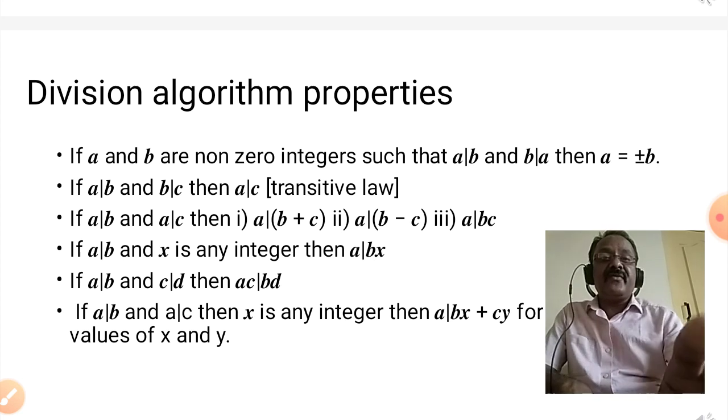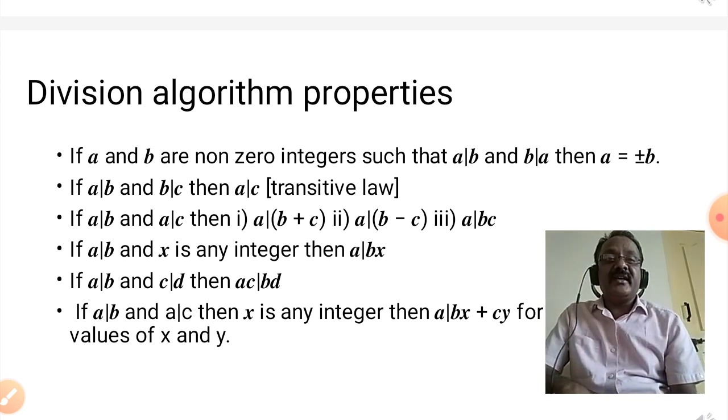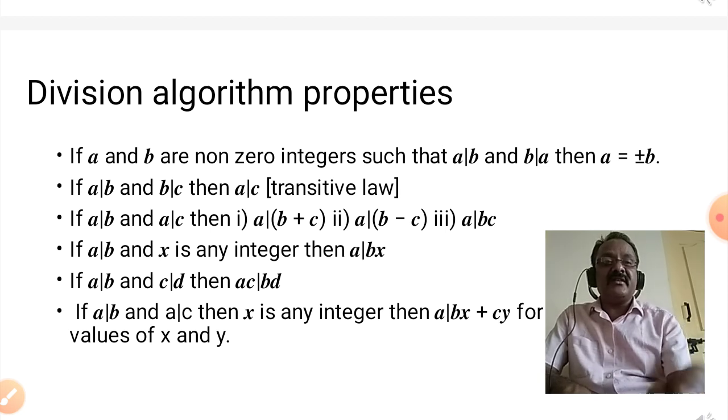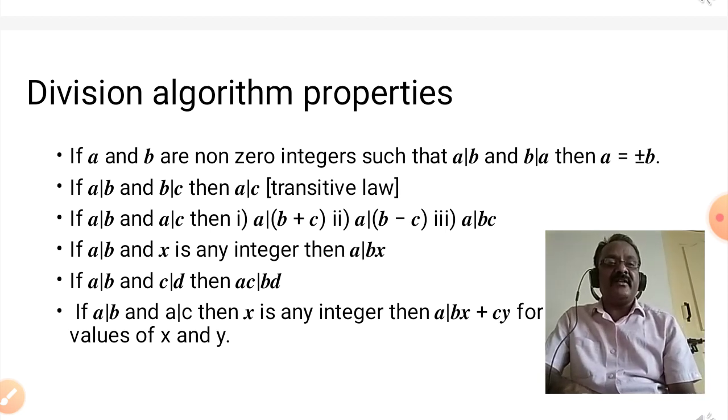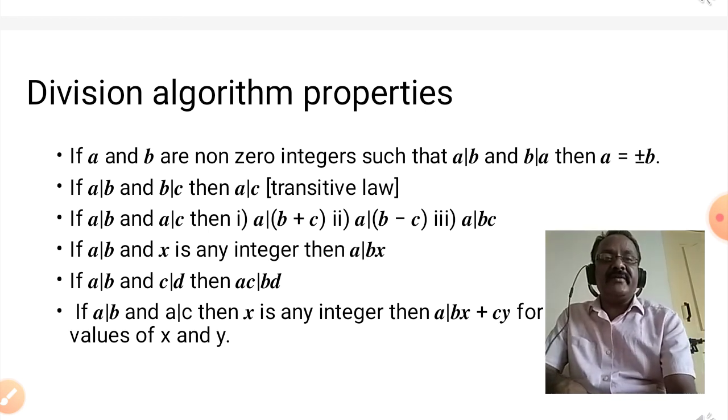If a divides b and b divides c, then a divides c. That is like the transitive law, as mentioned in the previous slide regarding equivalence relation. That is called the transitive law.